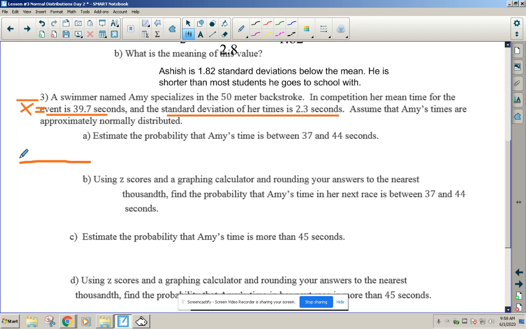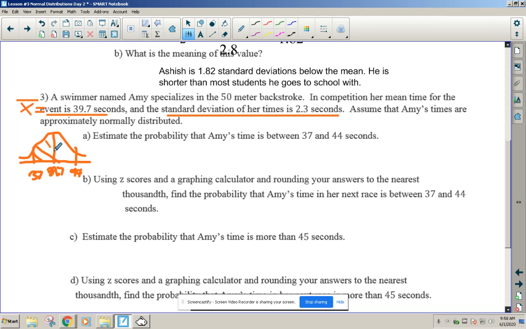we could think about the normal curve and just sketch a fast normal curve. Here's her mean of 39.7. And we're thinking about 44 seconds up here, which is above the mean, and 37, which is below the mean.